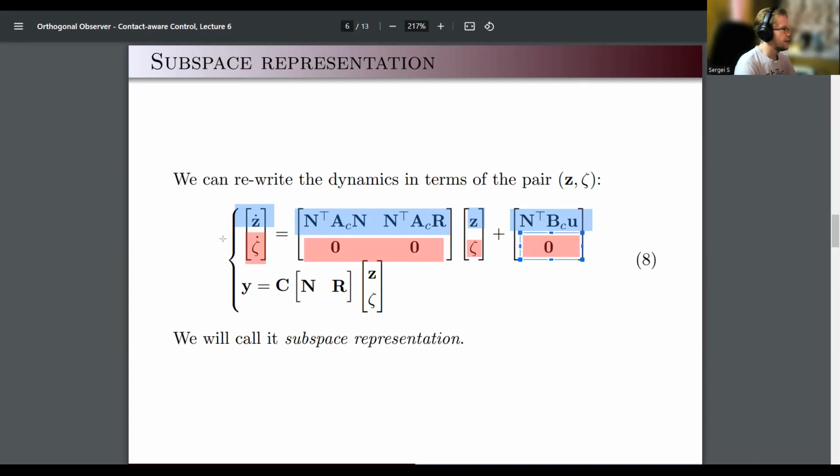And you even have this situation where the z dynamics depends on zeta, through this block. And of course, if you want to be pedantic, you can say that there is a 0 which depends on z downstairs.